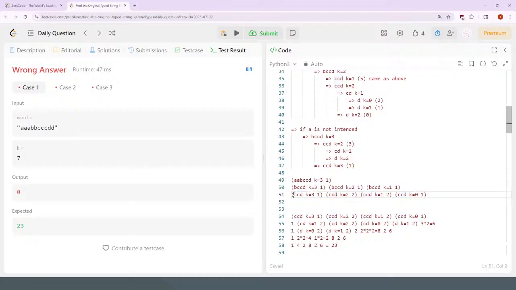So I have 2 C's, so I can decrement K by 0, 1, 2. If I keep the same, then ccd K equals 3, ccd K equals 2, ccd K equals 1, and, oops, yeah, get rid of the C's. So d K equals 3.